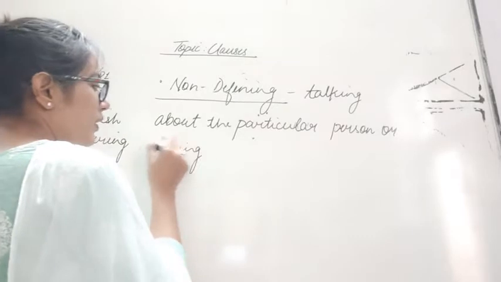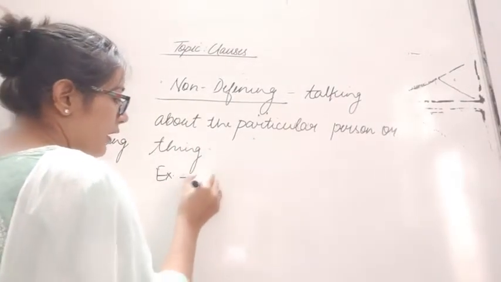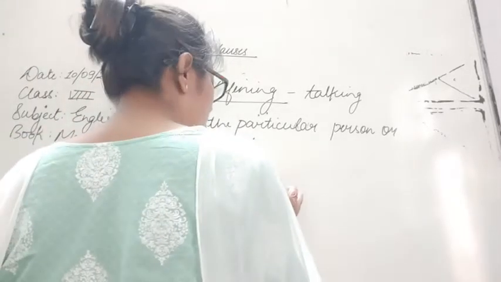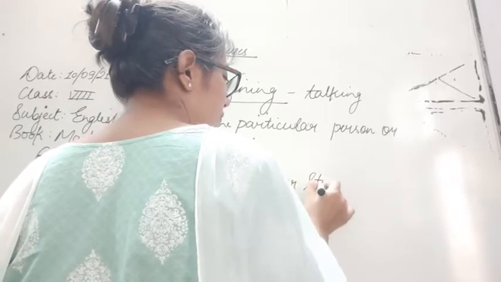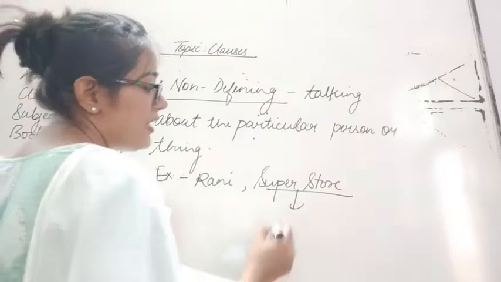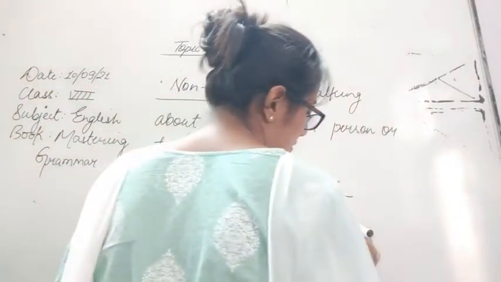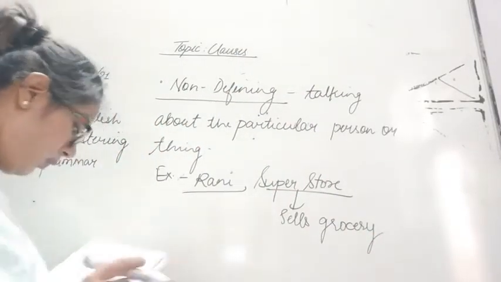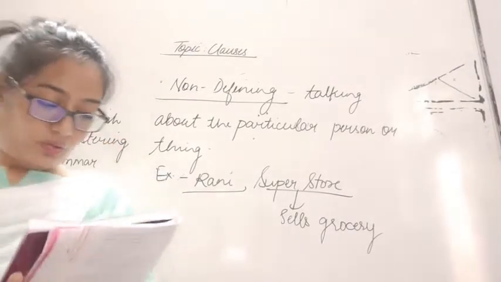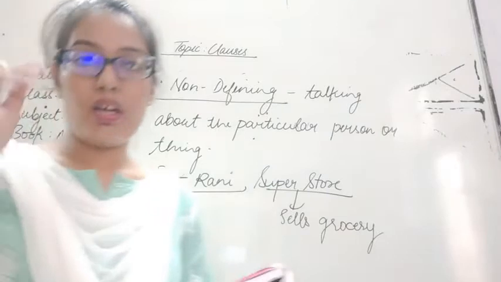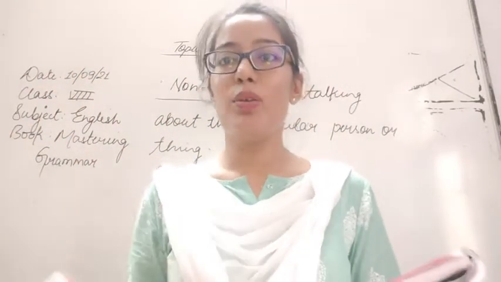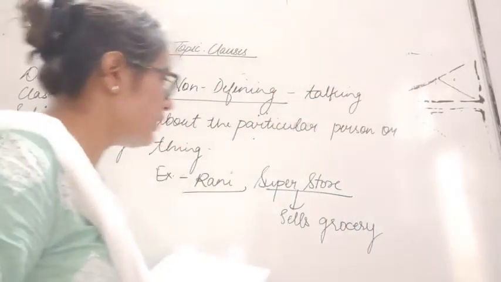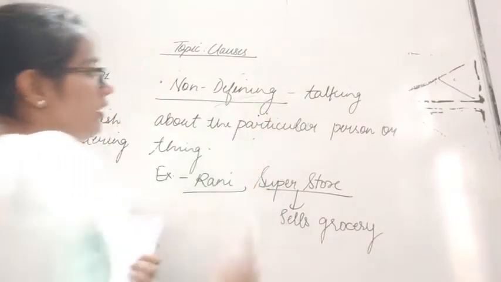For example, Rani, and the other one was the superstore. We are talking about a superstore that sells grocery, and we are talking about Rani who borrowed her book. She is looking for a certain girl. Who? Rani. So we are talking about that particular person. So this is called a non-defining clause.